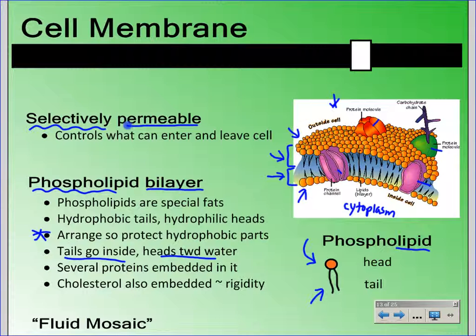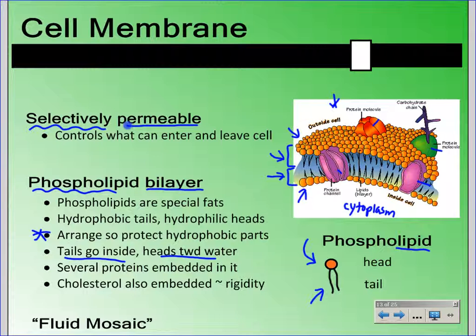What types are on a given cell depends on what that cell does. If the cell needs to bring in glucose, then it's going to put out certain transport proteins or channels to help get that glucose through the membrane. So it depends what the cell is doing, what kind of cell it is, what its main job is, what kind of proteins it would have embedded in it.